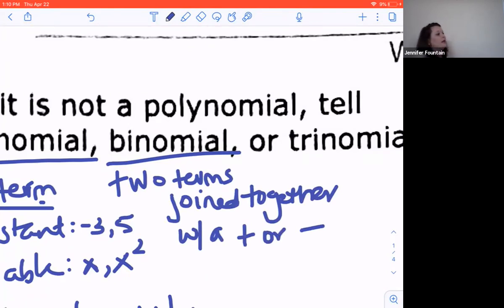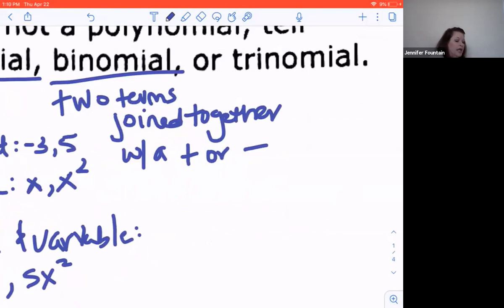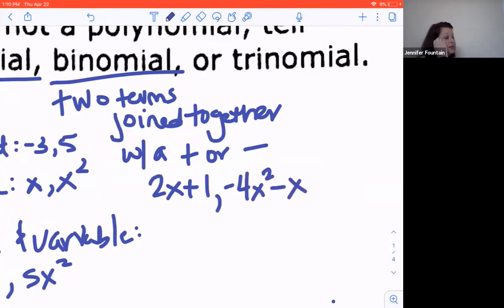So when I talk about a binomial, it means I'm going to have two terms, and it could be 2x plus 1, or it could be -4x squared minus x, something like that. It's a single term joined together with another single term with either a plus or a minus. So this is our binomial.